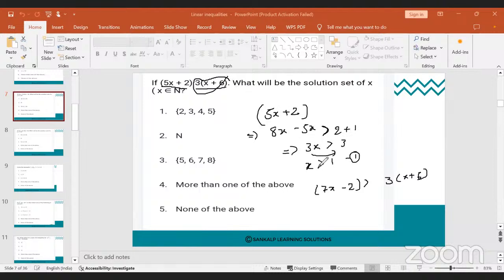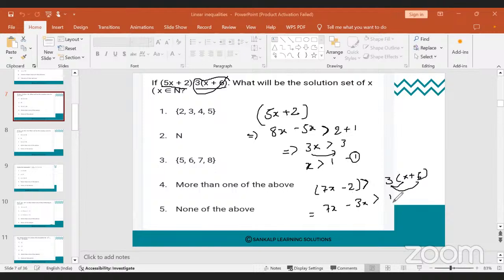Okay, so then it is 7x minus 3 into x. 3x, when it is transposed to the other side, will become minus 3x, is greater than 3 into 6, it is 18.